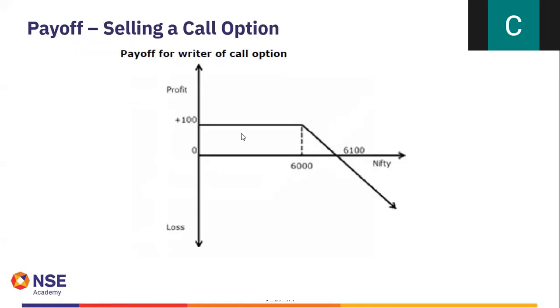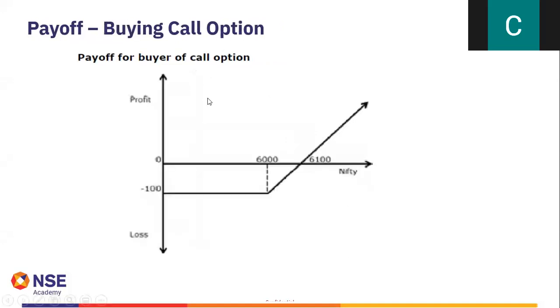Similarly, for the seller of a call option, the option will lead to profit when the price falls. When the price falls below 6,000, that will be his profit area. And when the price goes above 6,000, it will be his loss making area. But here the catch is his profit is limited to 100 rupees.